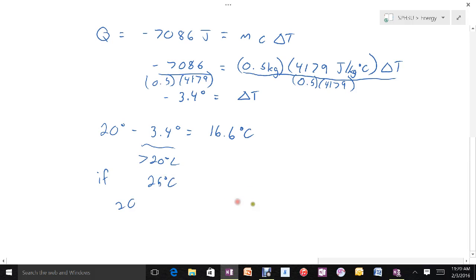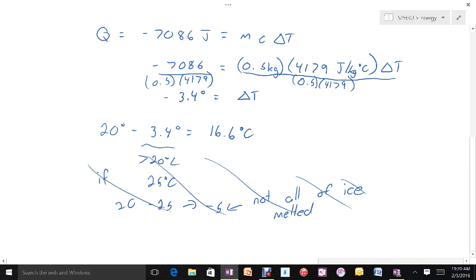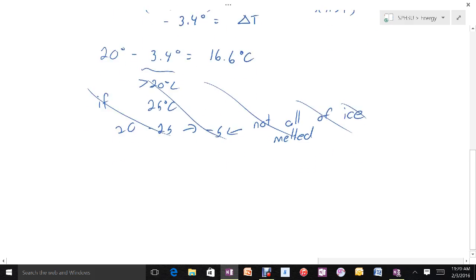So it would have gone 20 minus 25, which would be -5. We know that water is not actually going to go to -5 degrees. What that would tell us is not all of the ice melted. That being said, that didn't happen, so let's forget about all that and do the thermal equilibrium problem.